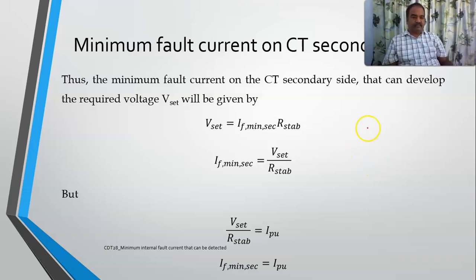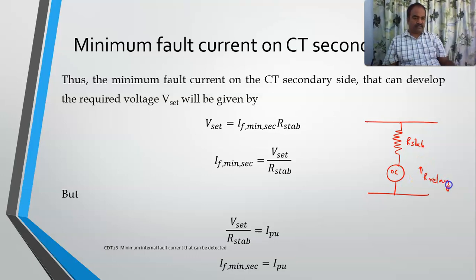If you see the scheme now, this is your R stabilizing resistance, this is your overcurrent relay. Normally there will be a small resistance also. If you want to consider it, you can, or otherwise you can neglect that one. It is of very minute value when compared to your R stabilizing resistance.